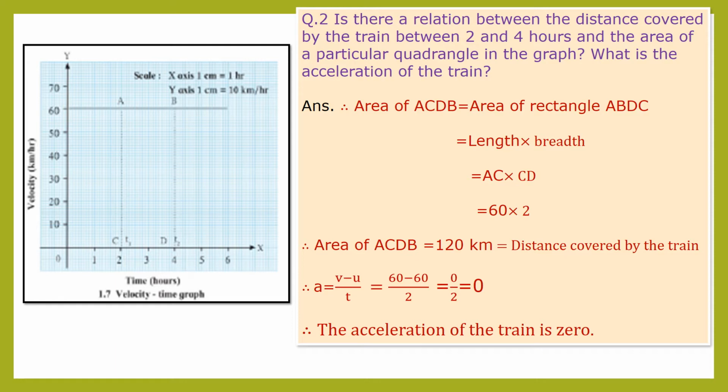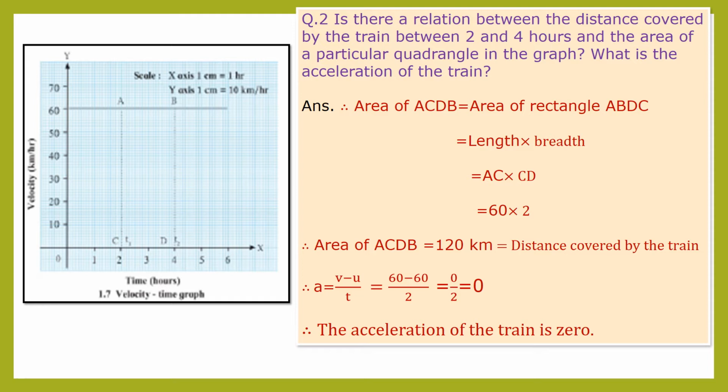So it will be length into breadth, because the formula for a rectangle is length into breadth. So that is equal to AC into CD, because AC is the length of the rectangle and CD is the breadth. Here we can take, instead of AC, BD also, because BD is also a length. And instead of CD we can write AB also, children. Anyone we can write.